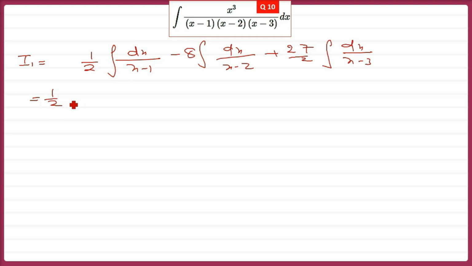So half ln modulus of x minus 1, minus 8 ln modulus of x minus 2, plus 27 divided by 2 ln modulus of x minus 3.